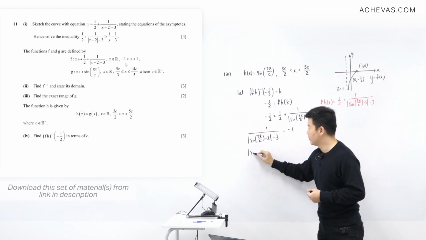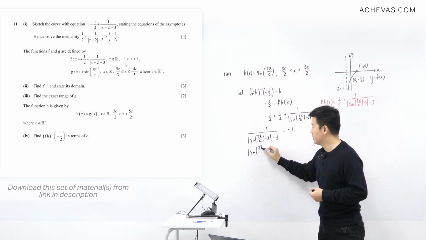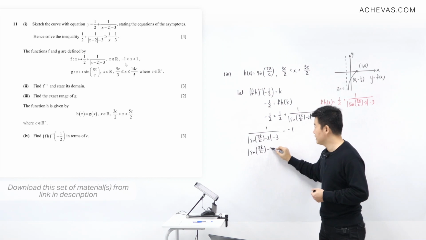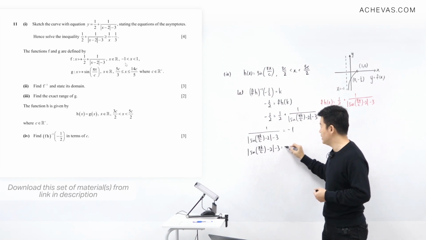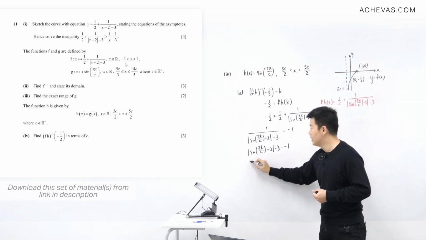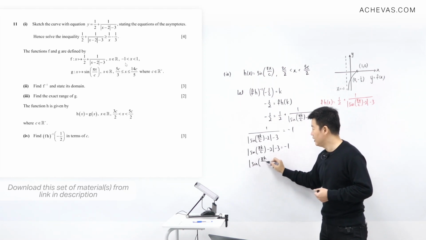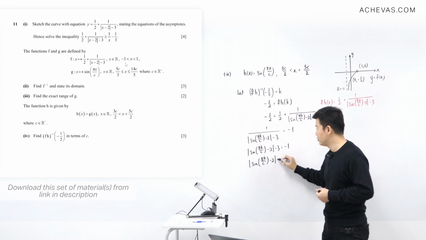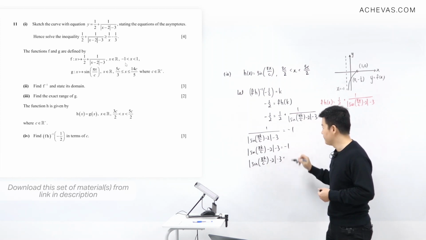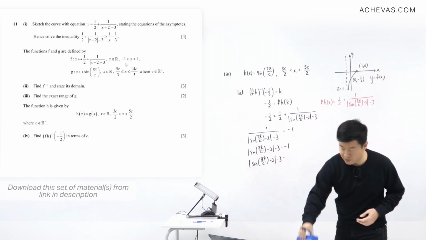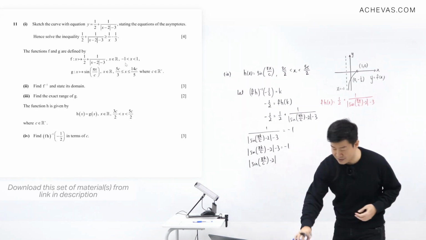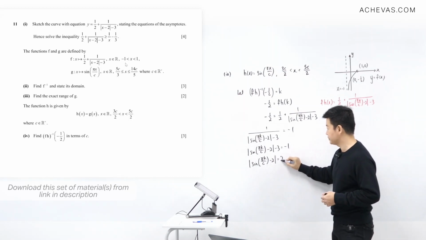Then modulus of sine pi k over c minus 2 modulus minus 3. This is equal to minus 1, which means that modulus of sine pi k over c minus 2 modulus of minus 3. This is minus 3. I'm going to be bringing it over to the other side. So this is equal to 2.